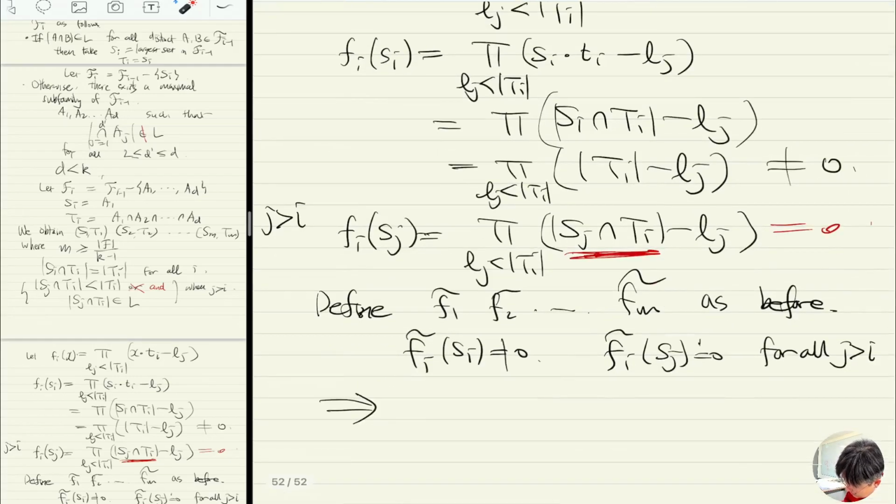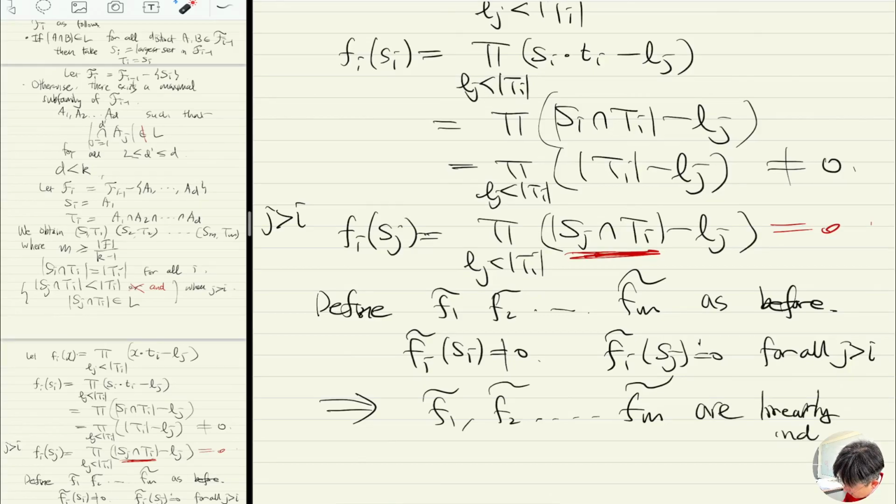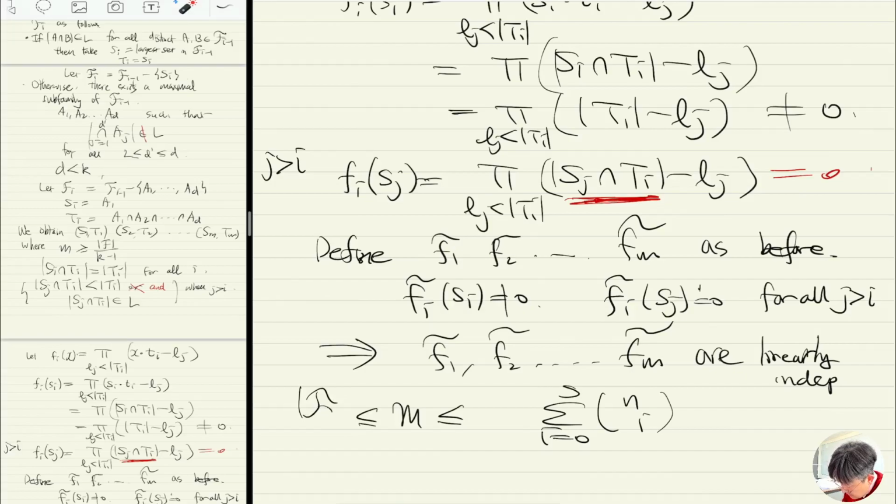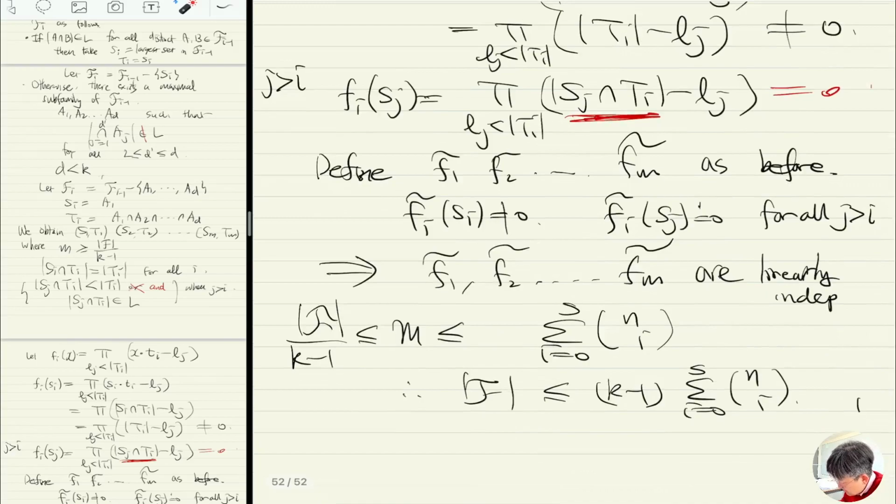This is enough to prove that they are linearly independent, and they are all multilinear polynomials of degree at most s with n variables, so the number of them is at most the sum of n choose i from 0 to s, and this is at least the size of F divided by k minus 1, so the size of F is at most k minus 1 times the sum of n choose i. Okay, so that's the proof.